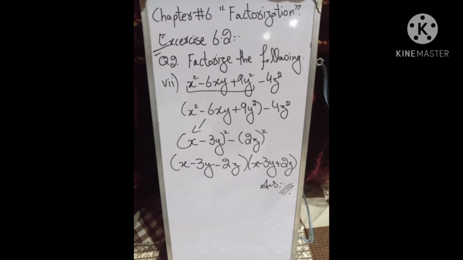So we wrote x minus 3y whole square instead of x square minus 6xy plus 9y square and minus 4z square as it is. So you can see that this again becomes in the form of a square minus b square. So you will get two factors, one in the form of plus and the second one in minus.